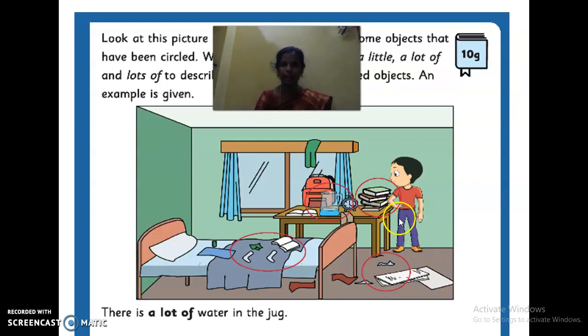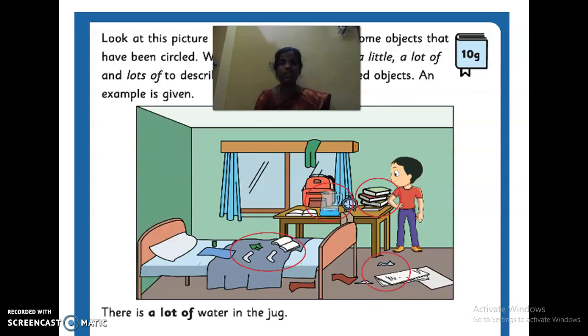Okay, so here I can find, there are lots of books on the table. Okay, the next one, here you can find some bits of paper. Now how can you frame a sentence, kids? Yes, there are lots of paper on the floor. There are lots of books or bits of paper on the bed.